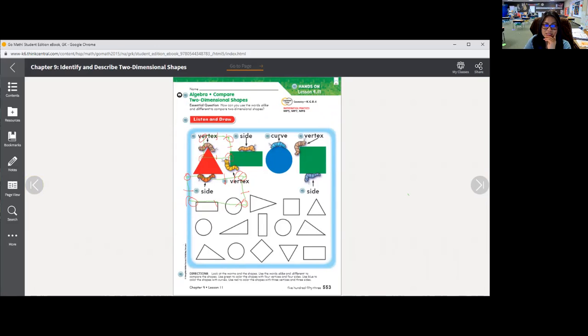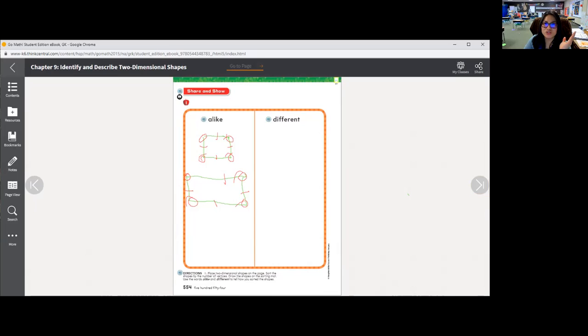Which one do you see that's different? A circle. Yes, a circle is different because it doesn't have sides. It doesn't have vertex, right? So we're going to draw a circle. Everybody go ahead and draw a circle, because that's what's different.